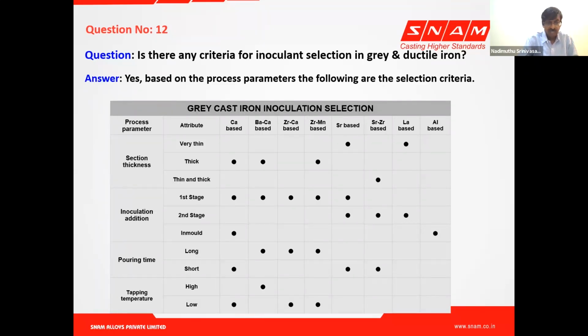So section thickness, inoculation addition stage, pouring time, and tapping temperature. Based on this, what are the types of inoculant that you can add? Can you add a calcium based, or a barium calcium based, or a zirconium manganese, strontium based, strontium zirconium, lanthanum based, or aluminum based? So this is the chart that gives you which you can select.